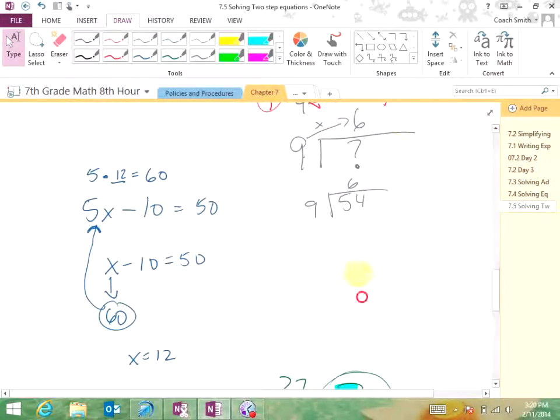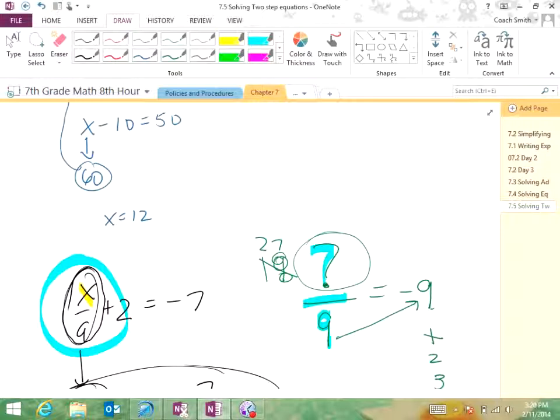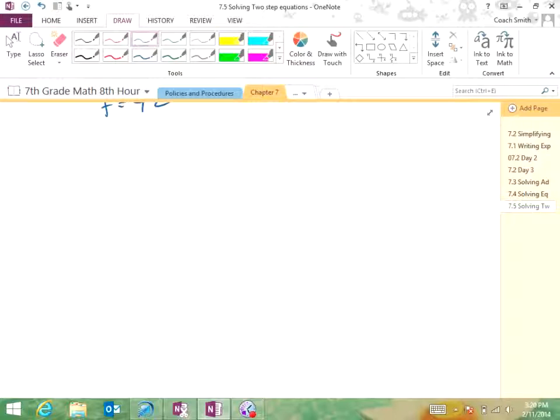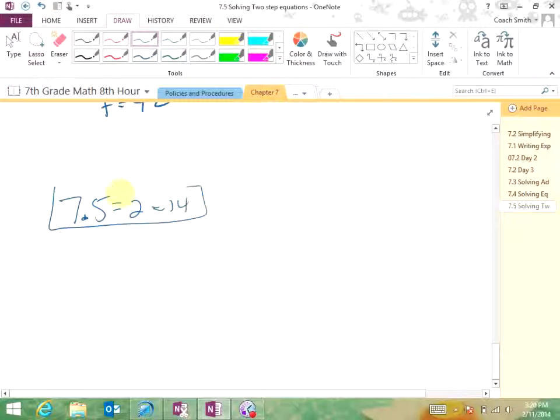Now, I am not giving you a lot of homework tonight, just simply because I want us to try to get this down in 2 days instead of 7. Okay, 7.5, 2 through 14. And we've done probably half of them.